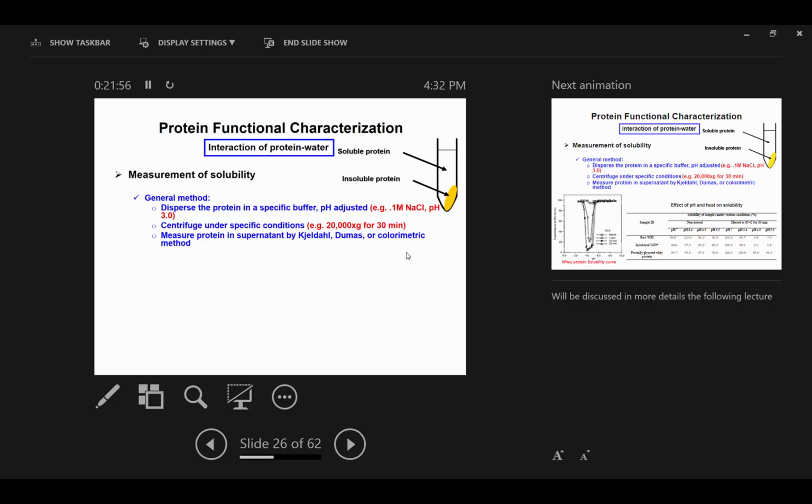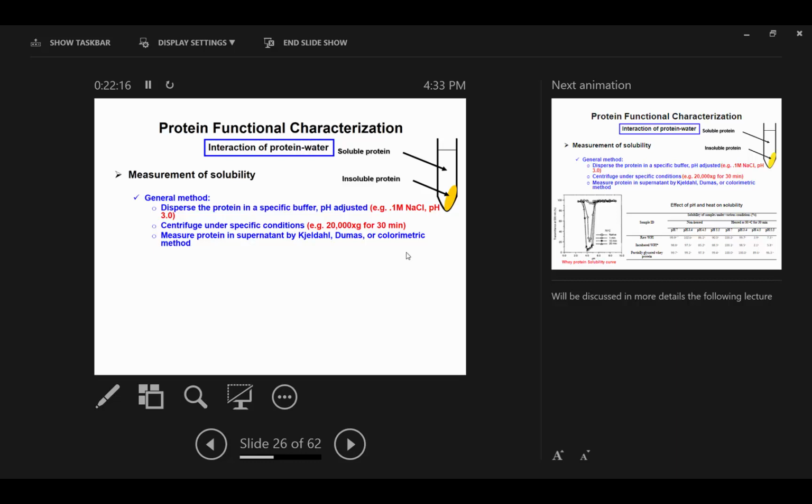And then to determine solubility, you apply centrifugal force. So you centrifuge your sample. Proteins that are not very soluble are going to precipitate, and soluble proteins are going to remain in the supernatant. So how would you determine the soluble protein?